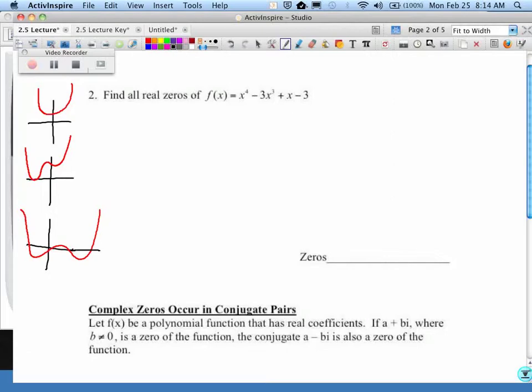So could somebody quickly graph that on their calculator for us? Does it look like there are any nice numbers? 3. Alright, so 3. I have 1, -3, no x squared, so put the 0 in, 1 and -3. And I'm hearing that it looks like it hit the graph at 3.